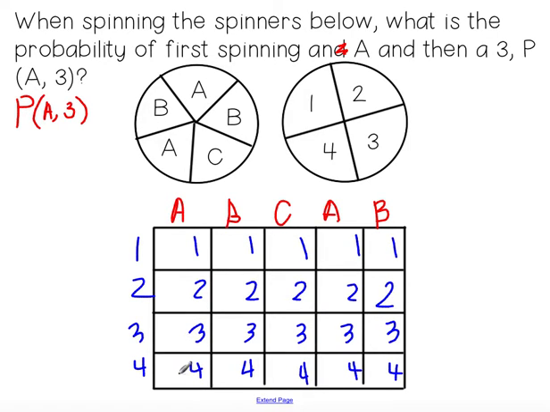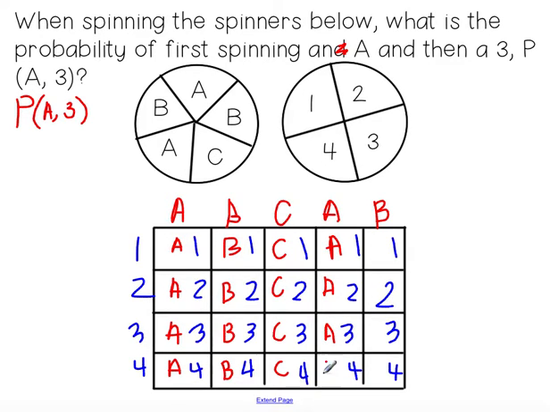Everything down this column, you've spun an A. Everything in this column, you've spun a B. This column, you've spun a C. This column, you've spun an A. And then this column, you've spun a B again.